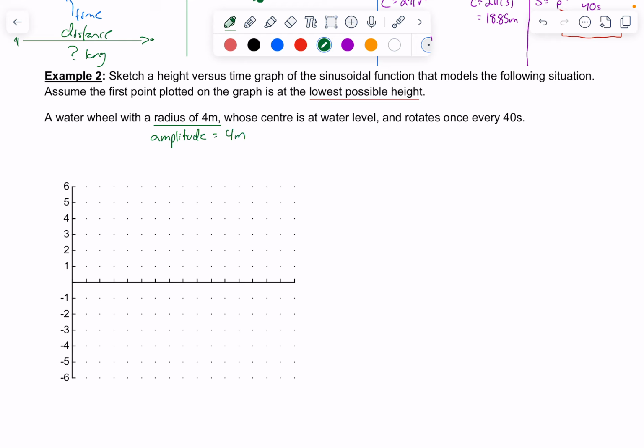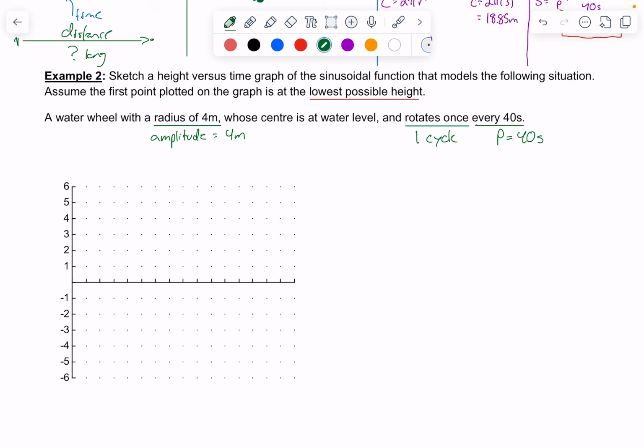Whose center is at water level, okay, and rotates once every 40 seconds. Rotating once means one cycle, so the period is 40 seconds.